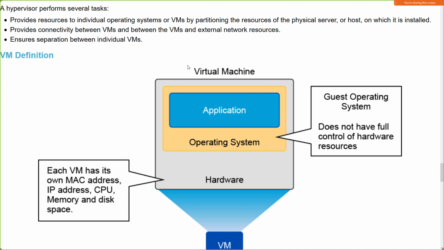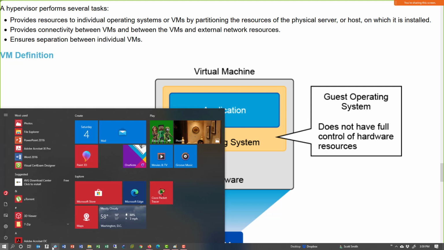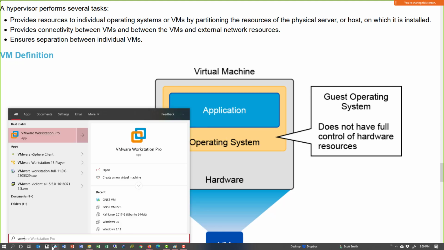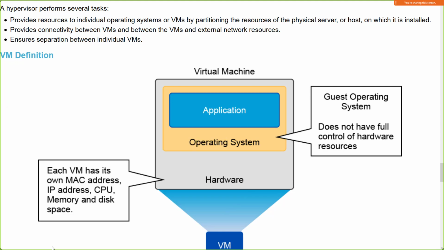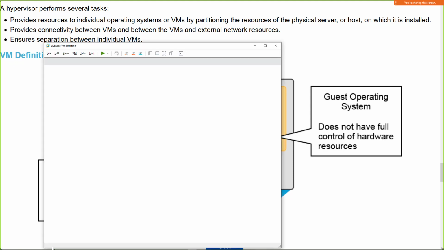So what does the hypervisor actually do? It gives operating systems access to resources on the physical host. And you allocate those resources when you establish the virtual machine. So for example, if I come into my VMware Workstation, which I use to run things like GNS3 and ICE and other things.